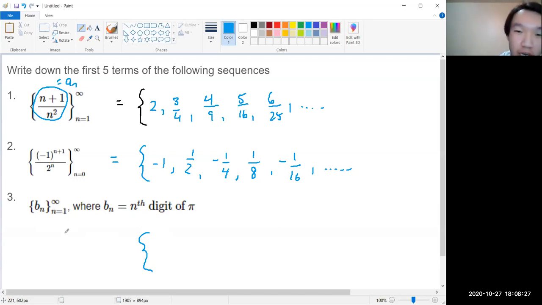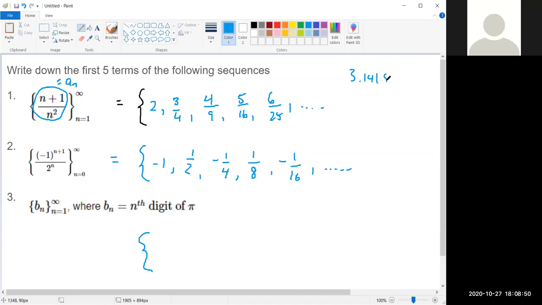What's the first digit of pi? I should probably just list out pi because I don't even know what it is. So it's 3.14. What comes after that? 1, 5, 9, 2, 6, 5, 3.